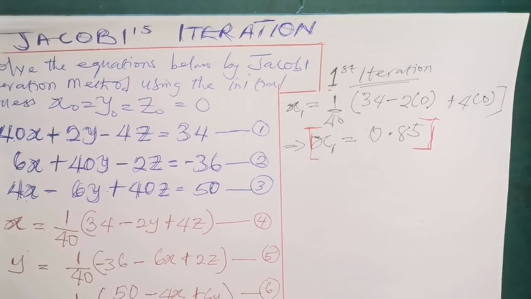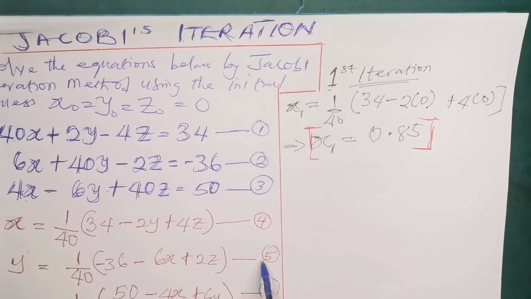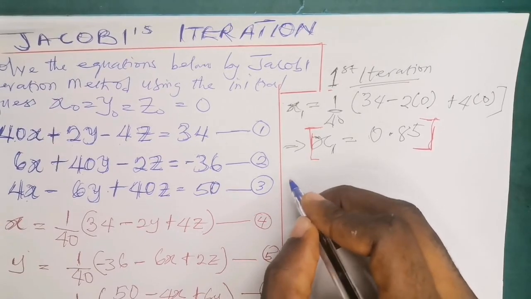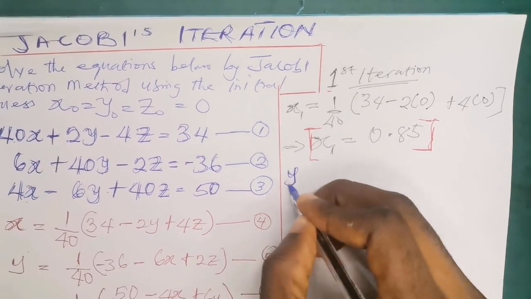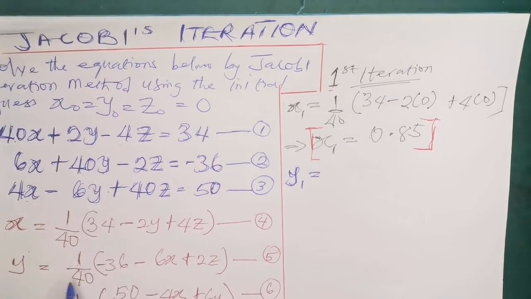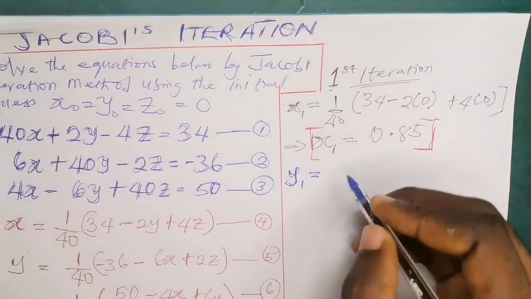All right. Now we do the same thing for y, and this is the equation for y, being equation 5. So the first value of y, y1, is going to be equal to, you simply plug in the initial guesses. So wherever you see x in this equation, it replaces x naught, and x naught is 0. Similarly, wherever you see z, it replaces z naught, and z naught is also 0. So I simply have 1 over 40 once more.